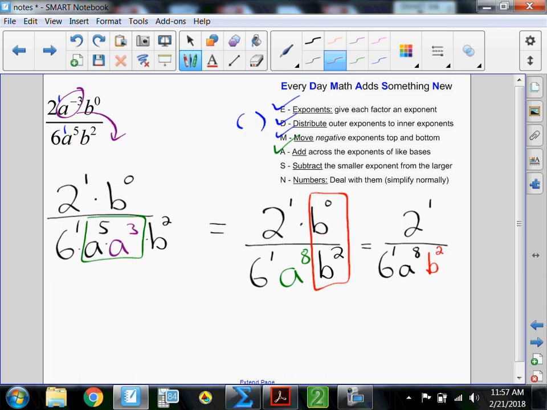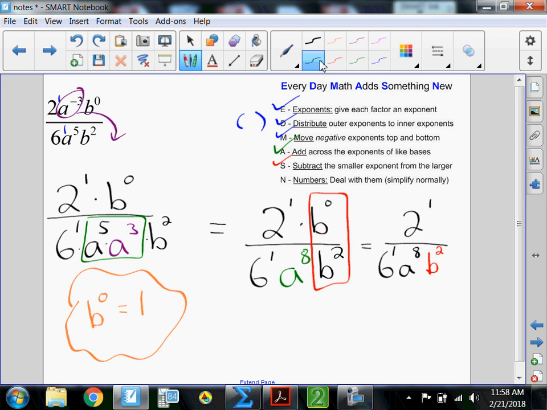You could say that the b to the 0 didn't really do anything because we had a b squared already and we still have a b squared. That's because, on a little side note in orange, when you take a number besides 0 and you raise it to the 0 power, it's equal to 1. So b to the 0 equals 1. So that's why the b squared on bottom really just stayed a b squared.